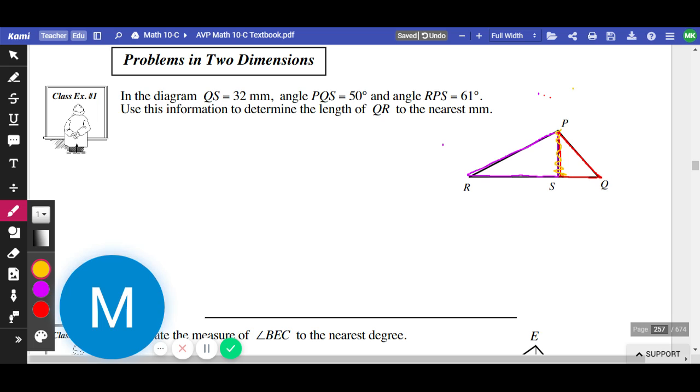Alright, let's read the question now and see if that actually holds true. Reading these double triangle questions is also a little tricky. In the diagram, Q to S is 32. So I look over here, from Q to S is 32.